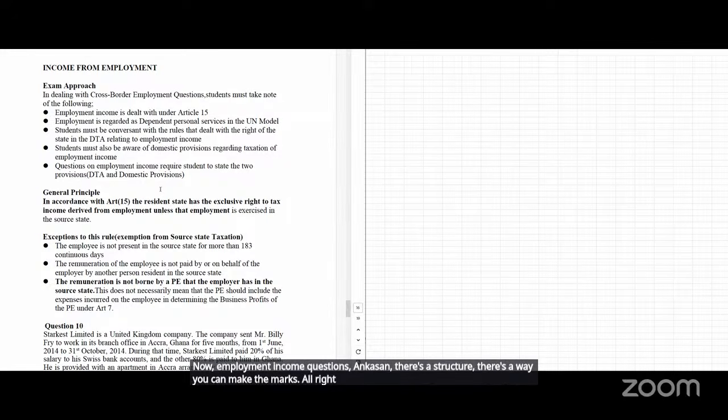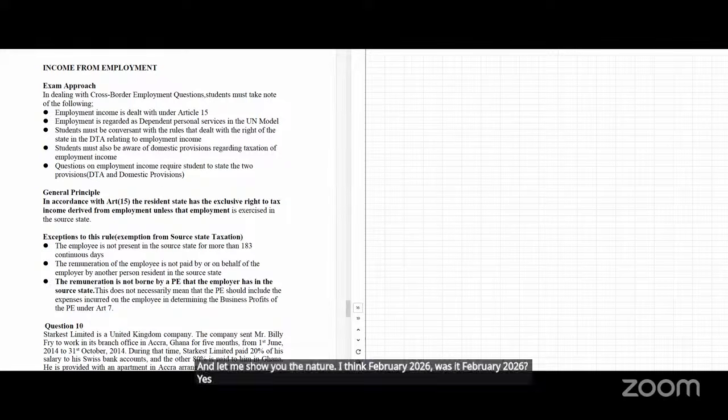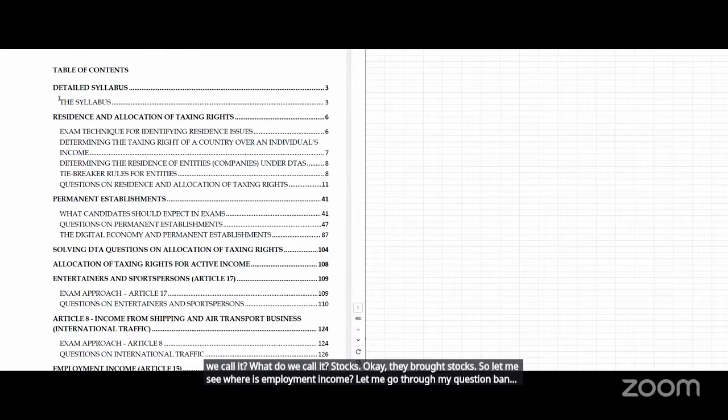And let me show you the nature. I think February 2026, was it February 2026? Yes. They brought, for the first time, stocks. So let me see where is employment income. Let me go through my question bank and see.